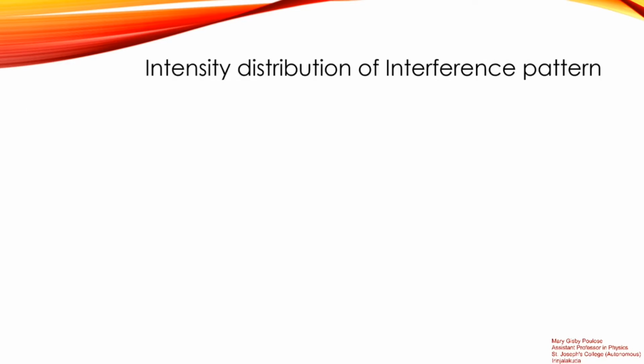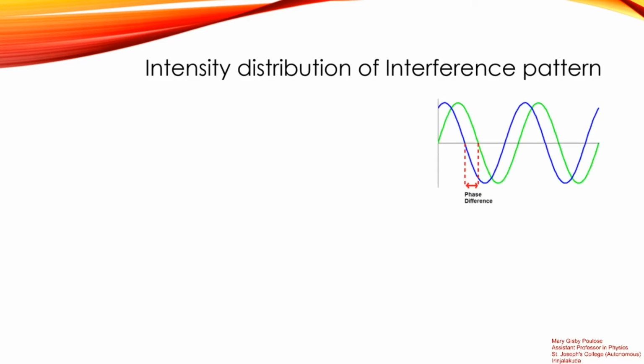Now let us look into the intensity distribution of the interference pattern due to two light waves. So let us consider two waves that have a finite phase difference between them. The first wave can be represented as EA is equal to E1 sine of kx minus omega t.